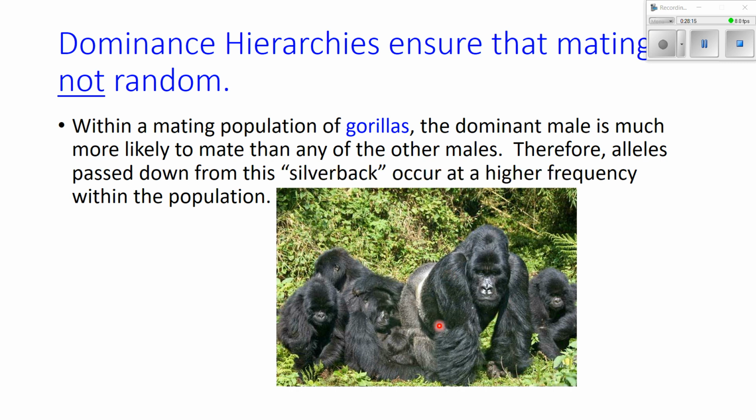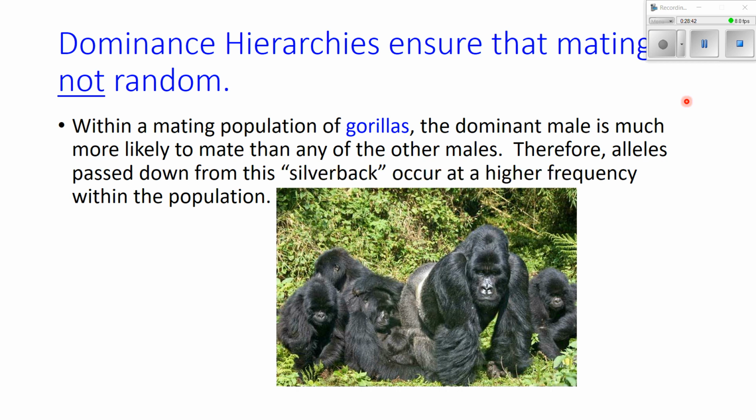His genes are getting passed to the next generation, but the other males in the group are not getting any chance to pass their genes down. So therefore, whatever alleles he is carrying, and of course the females, those are the alleles that are going to get passed down. And the alleles that the other males may have, those are not getting passed to the next generation.